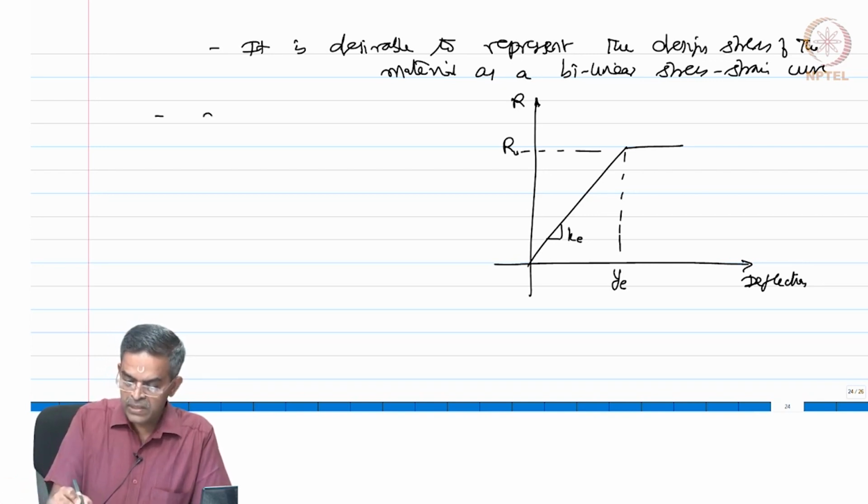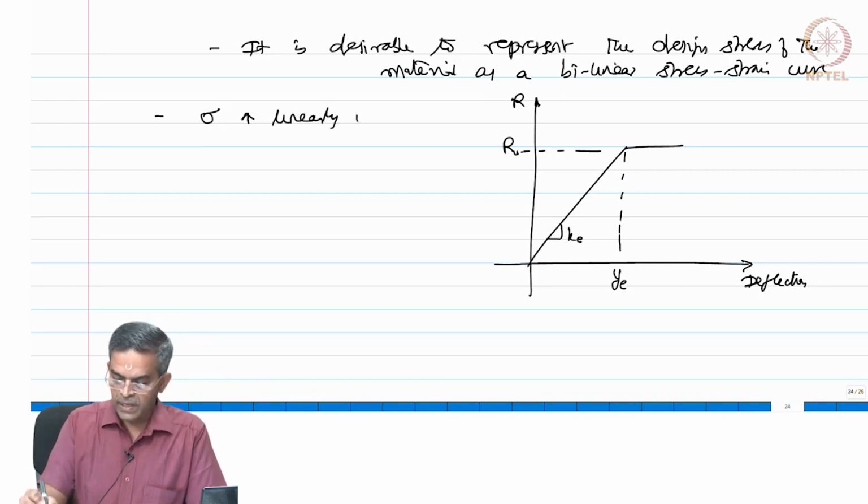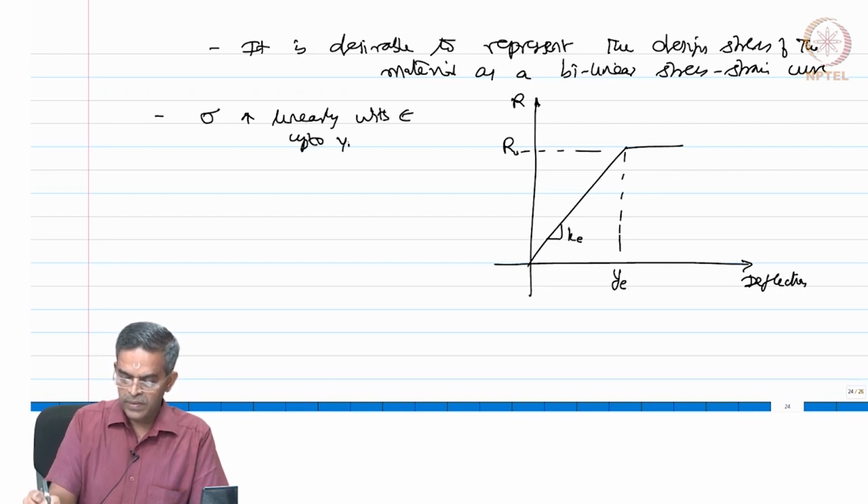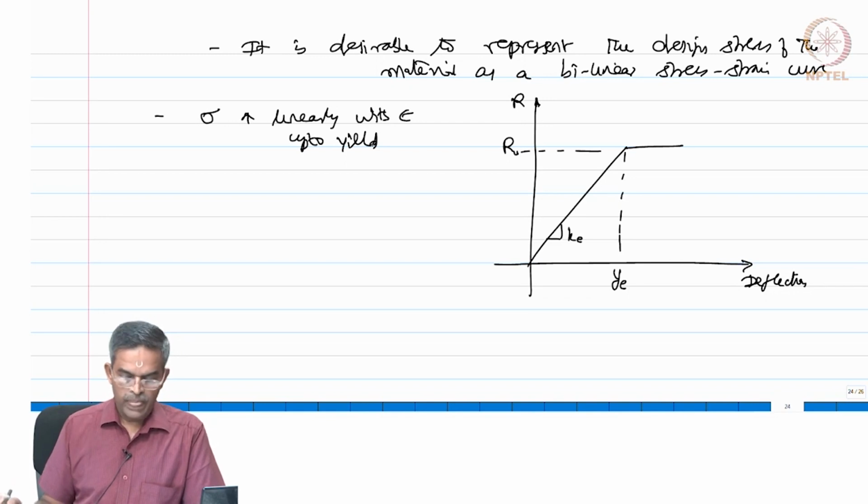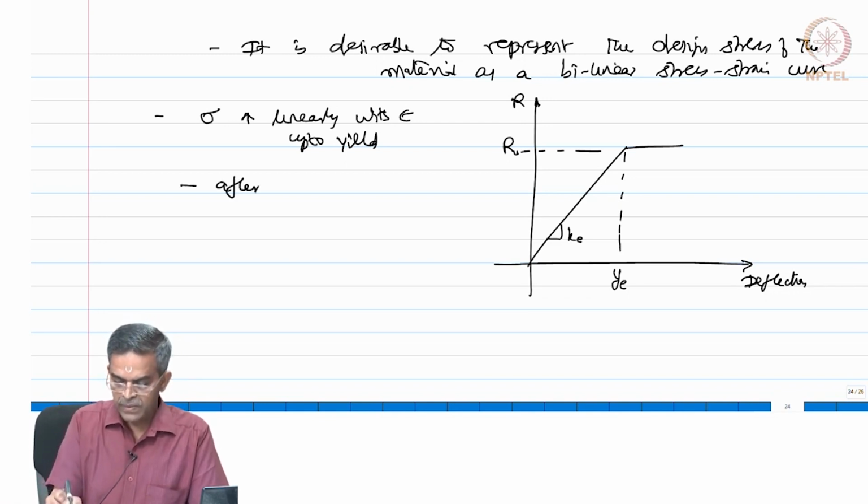In this curve you can see that stress increases linearly with strain up to yield, and after that it becomes constant.